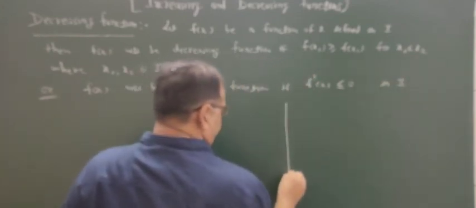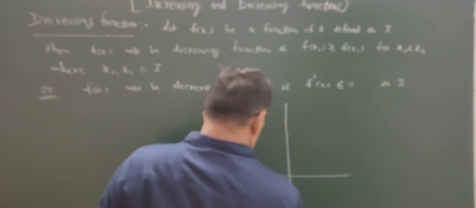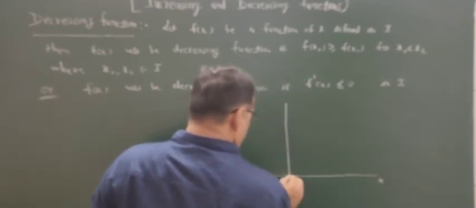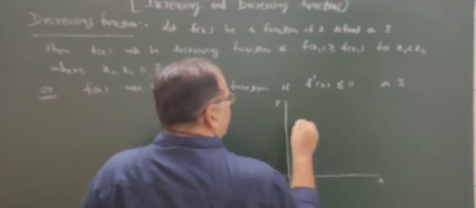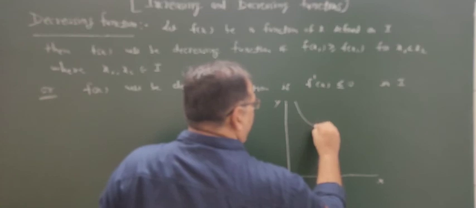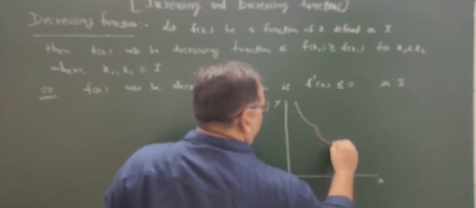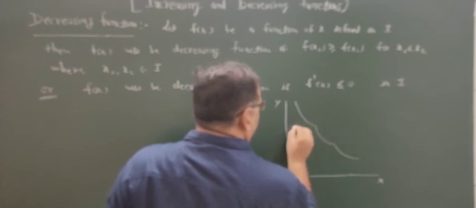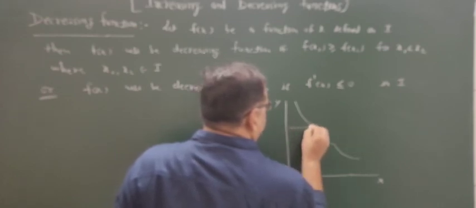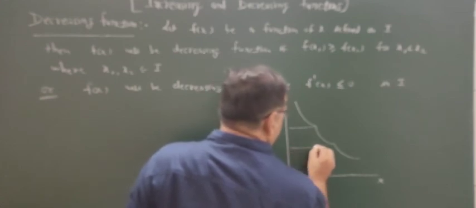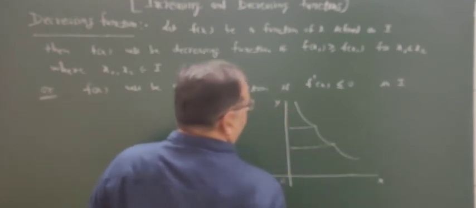If we go through the graphical method, how can we show it? If we draw a tangent at some point of the curve, we observe that the tangent is parallel to the x-axis.